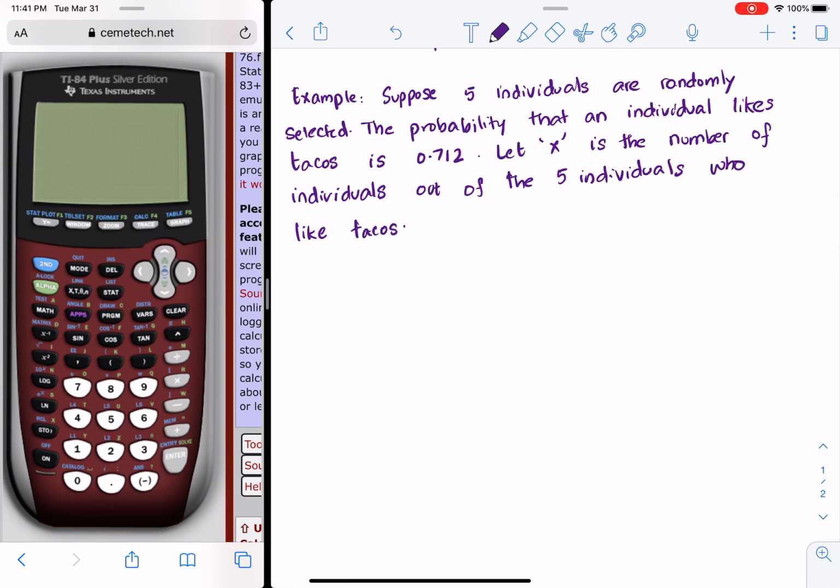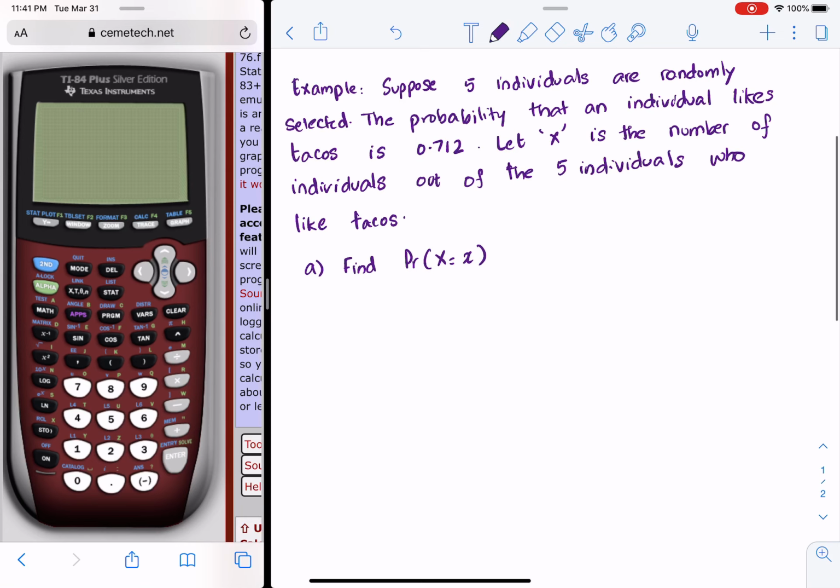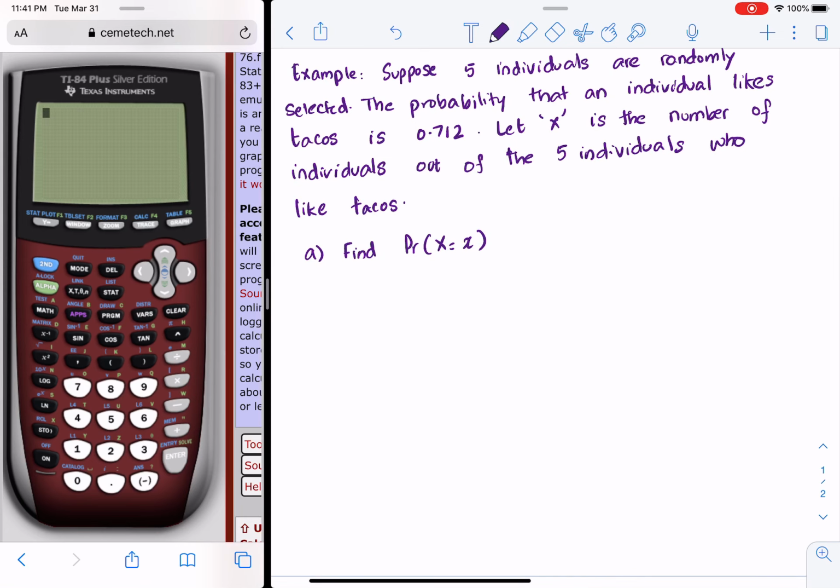And let's say we want to know what the distribution is. So find the probability X is equal to lowercase x. Now, X is the number of individuals out of the 5 individuals who like tacos.